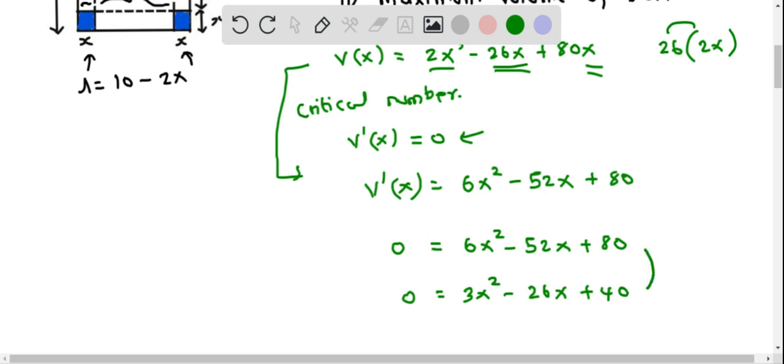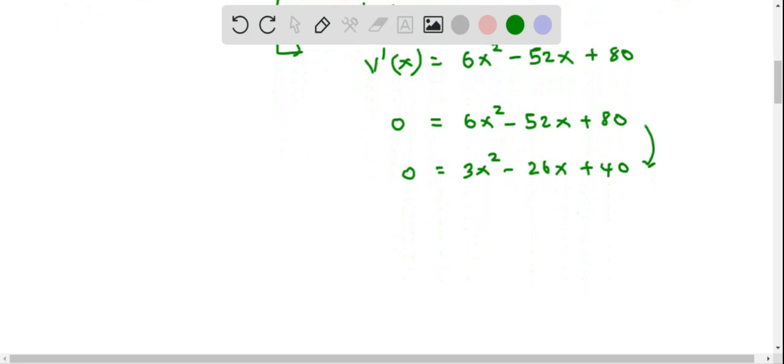Basically, we make a simplification from this equation to the next equation, so that we can easily determine the value of x. Now this is a quadratic equation. We can use the quadratic formula. So here a is 3. The coefficient of x squared is a, and b is negative 26, and then c is 40.